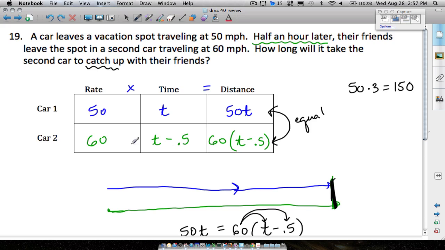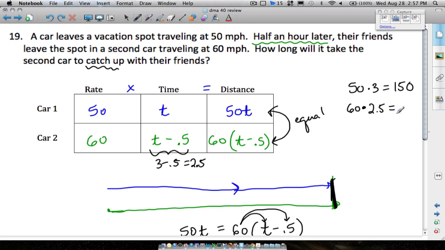Now, this car down here going 60 miles per hour, though it traveled faster, it traveled a lesser or a shorter amount of time. Well, since t was equal to 3, actually this number here, t minus 0.5, 3 minus 0.5 is equal to 2.5. So car number 2 traveled at 60 miles per hour for 2.5 hours.